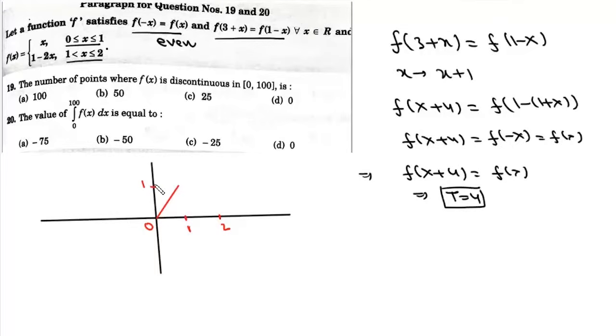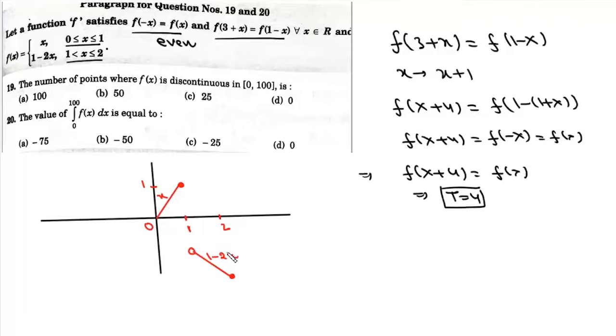Between 1 and 2, at 1 this is -1, and at 2 it is -3. It is included at 1, excluded here, and included here. This is x, and this is 1 - 2x.